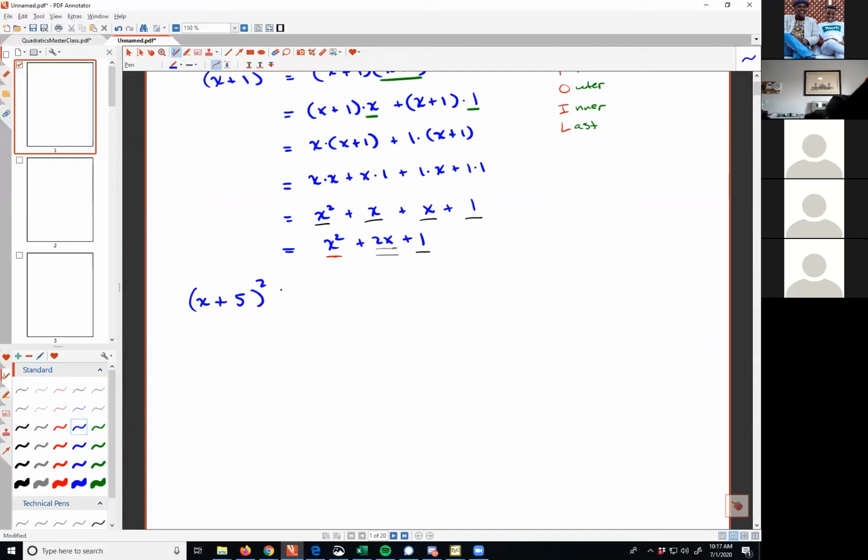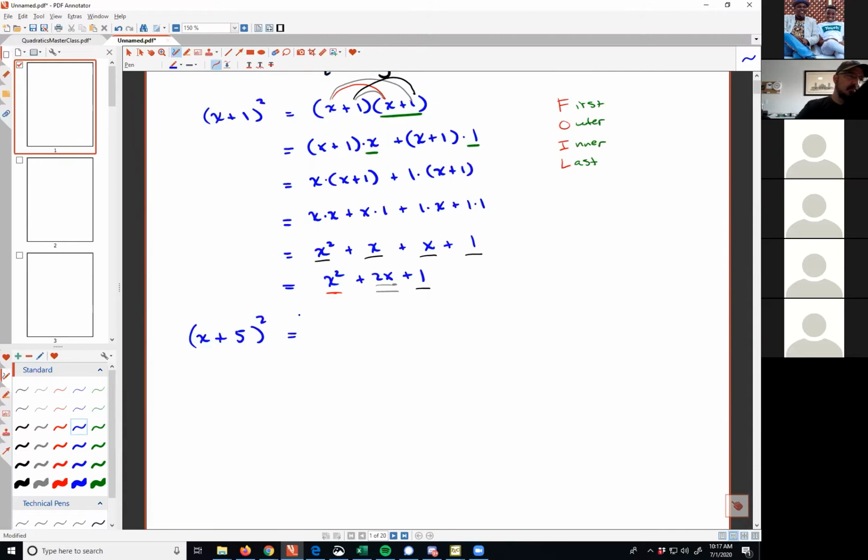X plus 5 squared. And I want somebody who doesn't already have a lot of experience to offer their answer here. Whoever it was who asked about this. So it would be bracket open, x plus 5, another x plus 5.